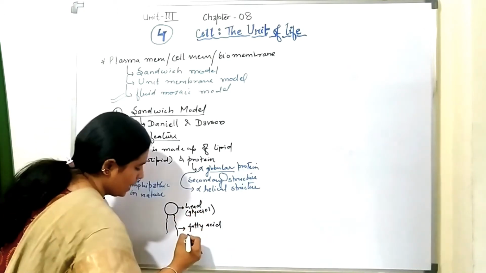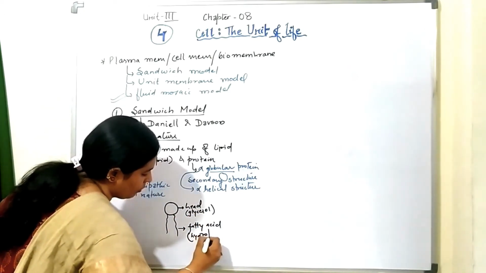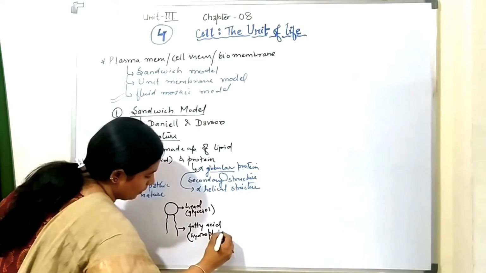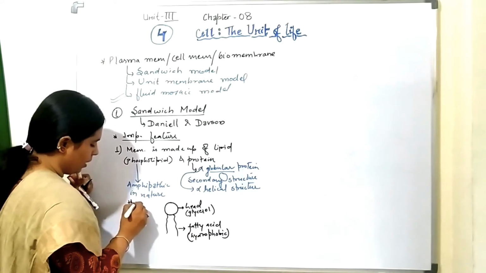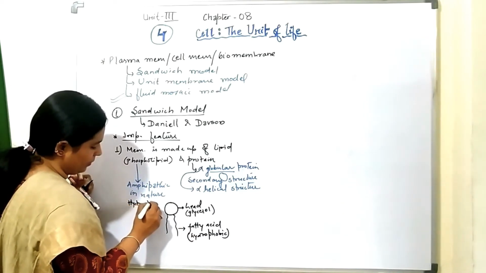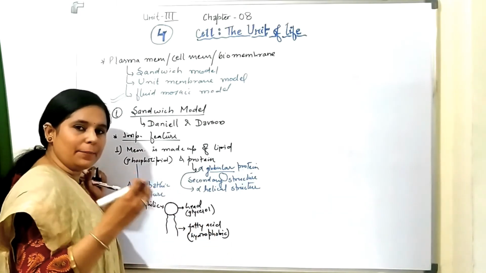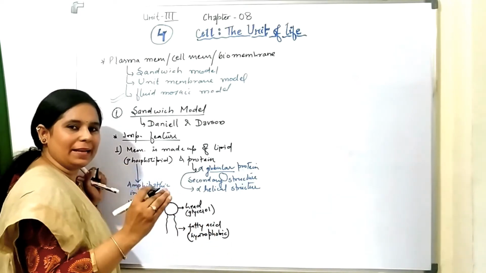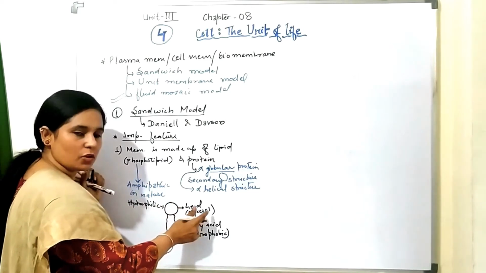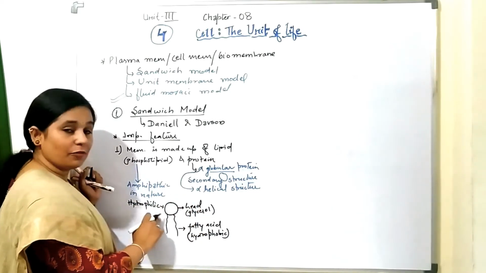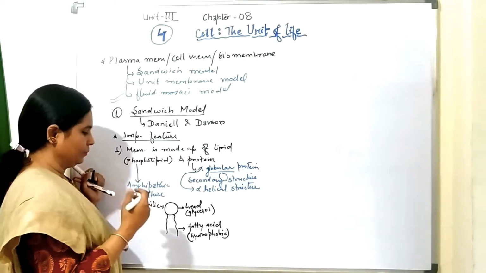This tail is hydrophobic, please remember this, and the head is hydrophilic in nature. So hydrophobic, phobia means it is water repelling, they hate water, whereas this head which is glycerol is hydrophilic, means they love water, they are water attracting.